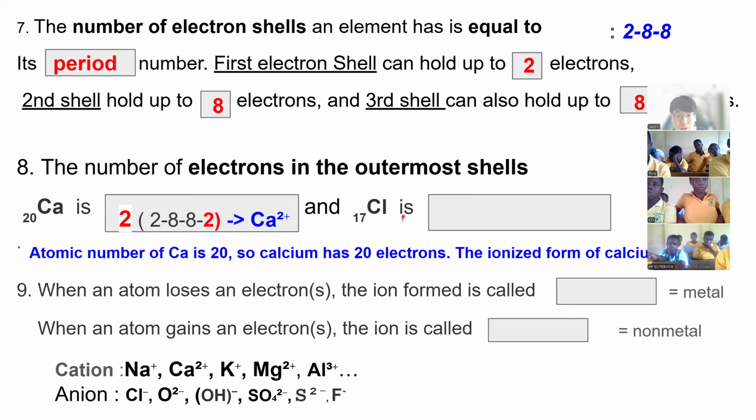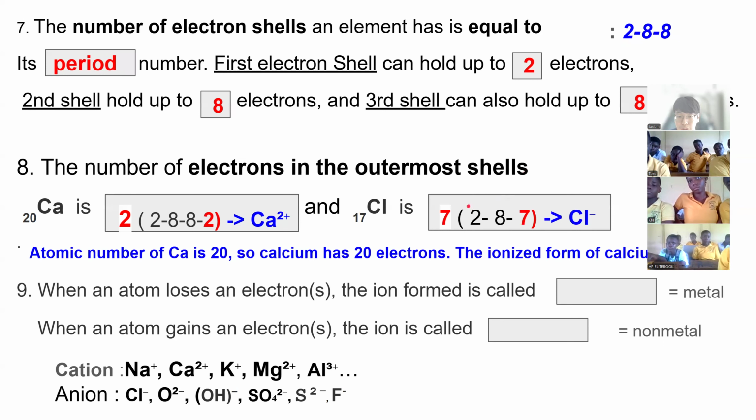Let's look at chlorine, another example. We have an atomic number of 17, and that tells us that there are 17 electrons. And we can structure that in similar ways by using the 2-8-8 structure.